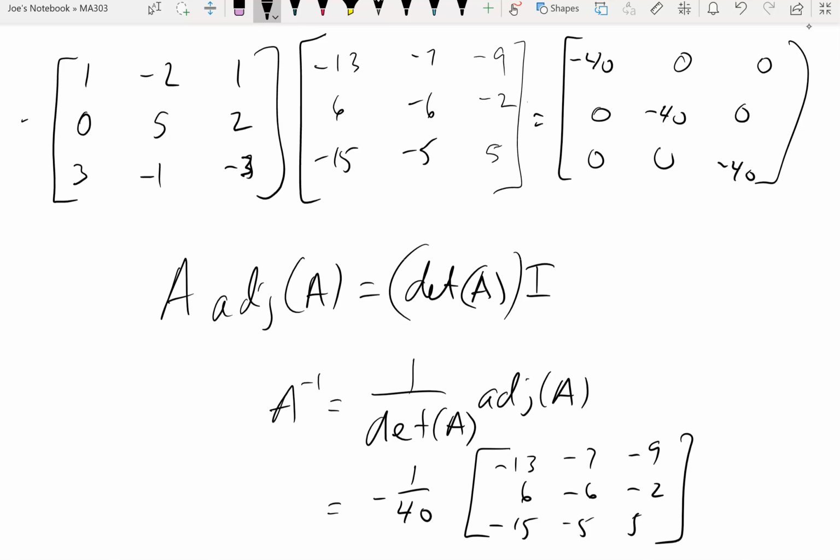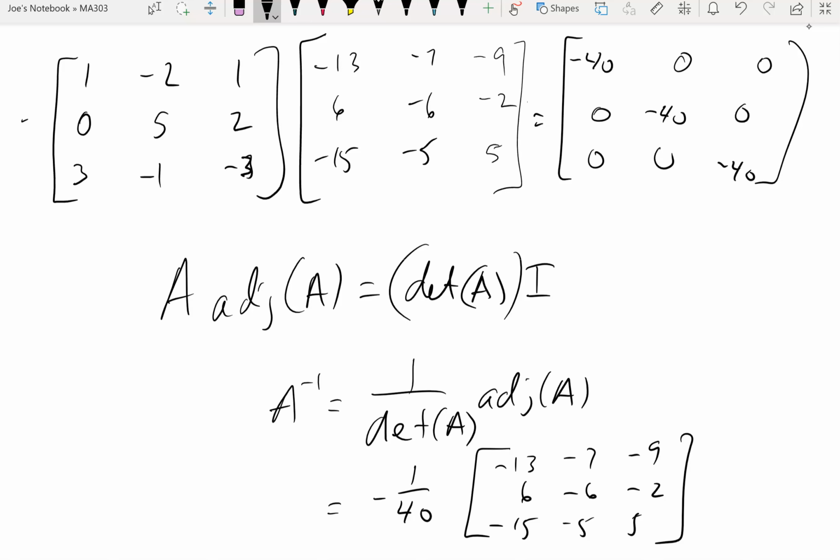The adjoint is computationally interesting. It's algebraically interesting. Its application is very uninteresting because it requires way too many computations. Computationally, the adjoint is fairly useless. Algebraically, theoretically, it's an important thing.